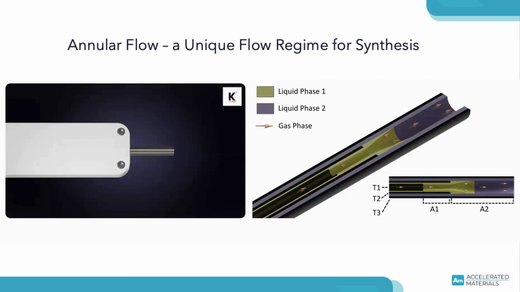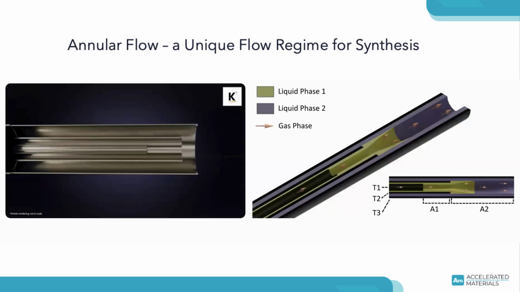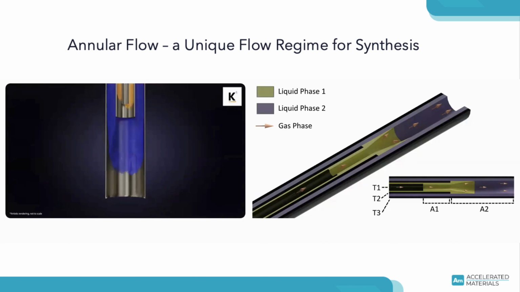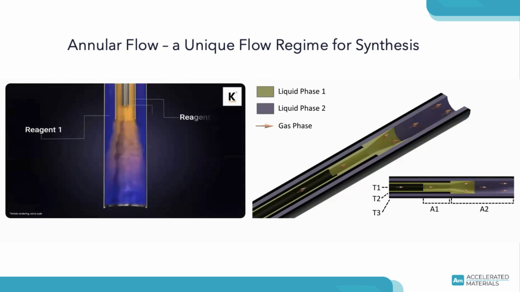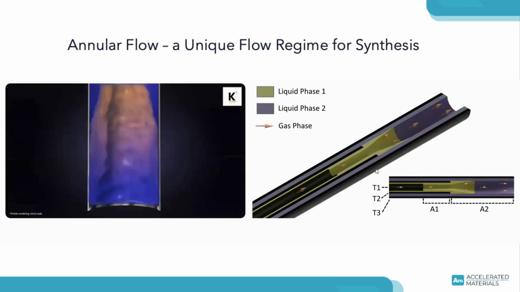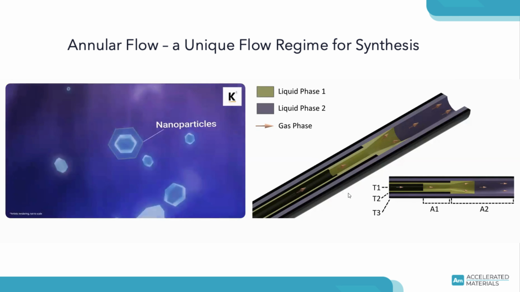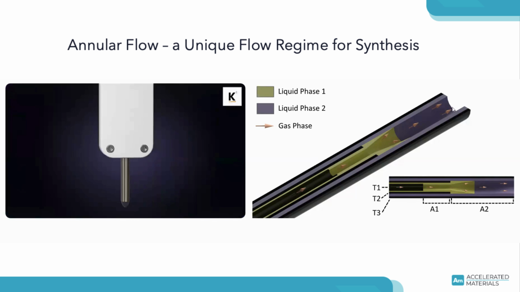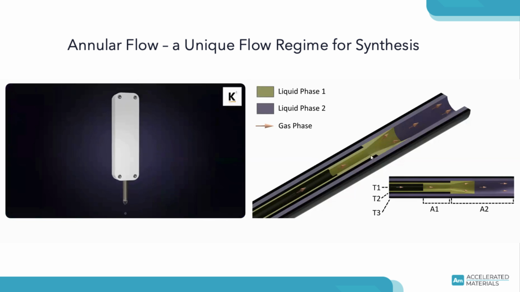So annular flow is a very unique flow regime that we've developed at Accelerated Materials for nanomaterial synthesis. It essentially involves a coaxial system in which you have a tube inside a tube inside a tube, a telescoping series, in which you inject air or compressed gas through the first tube and then liquid reagents through the next tubes.